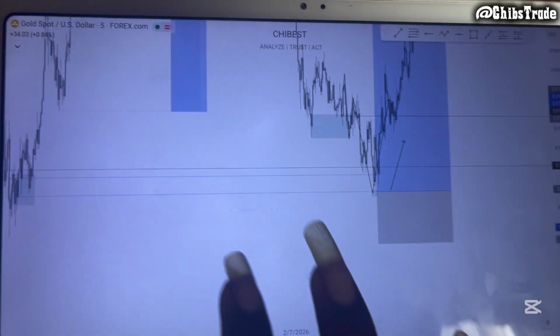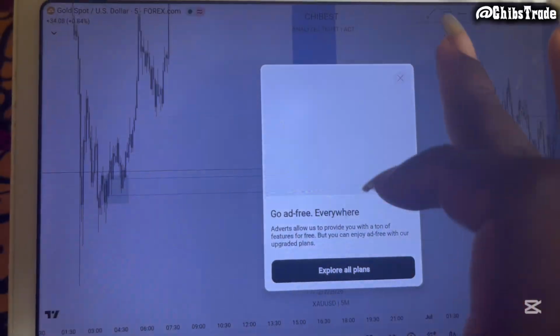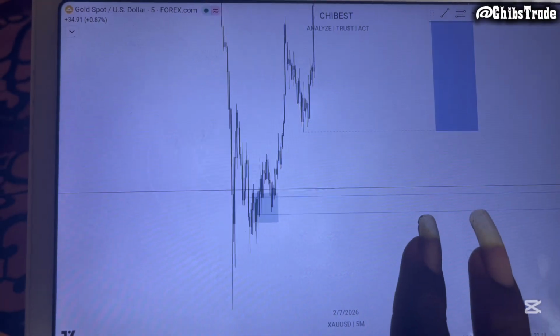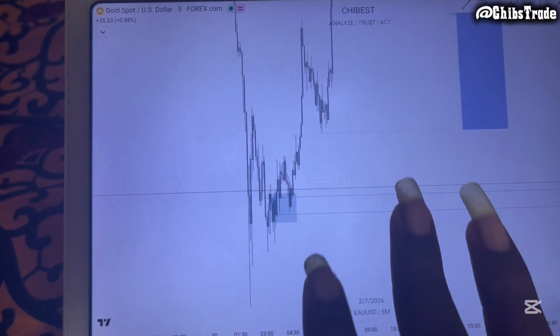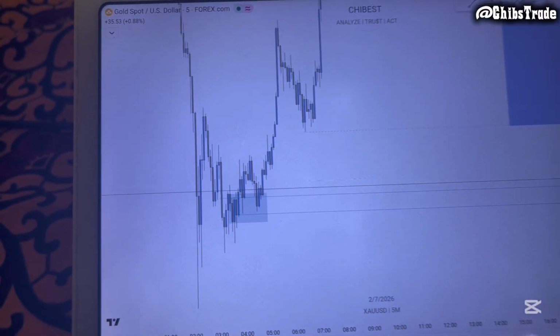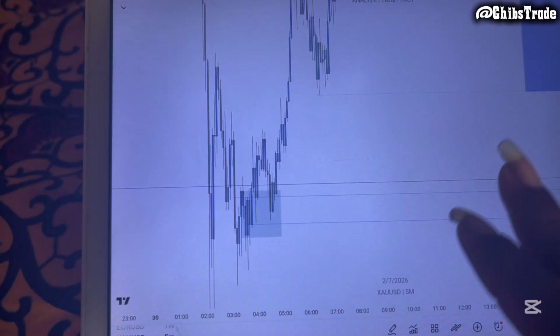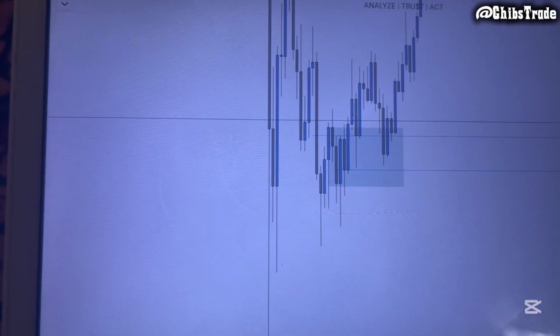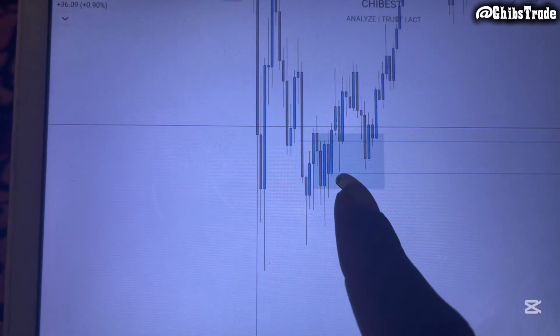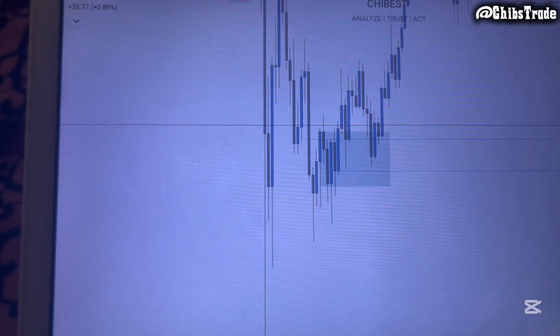So as a trader, what you have to do now is go for the fresh key level, not the unfresh key level. Me, I know the fresh key level, and you should also know it as well. Candles like this, as you can see here, without a mitigation, it is a fresh key level. You should know it by now.